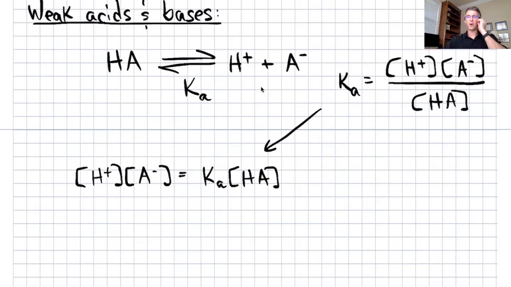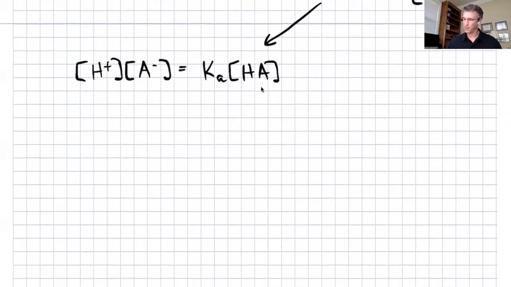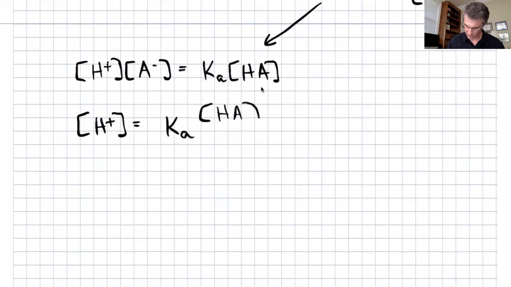Again, the thing we want to know about is the proton concentration, right? Or how acidic the solution is, which means we can solve for that. Which will give us an expression that looks something like this, where now Ka times the concentration of conjugate acid divided by conjugate base, right? Now that's great. That's convenient, right? Except for one thing.